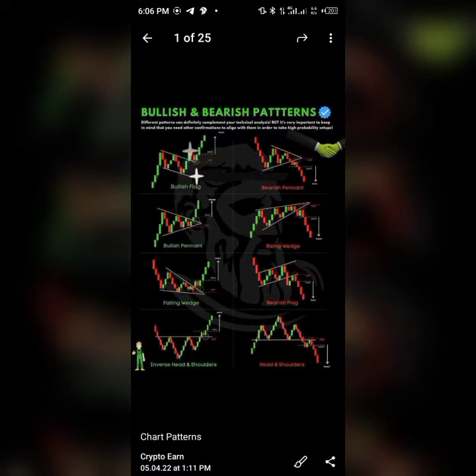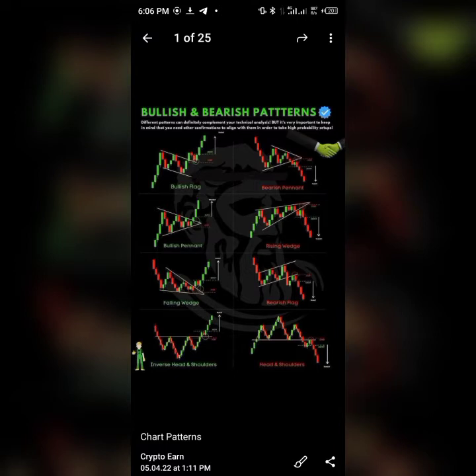On that, you see that the bullish flag was actually moving within a trend line. Within the trend line, there was a time it broke out and it retested. When it retested the top trend line, it went up again. That is a sign that after the retest, it's a good time to buy. Why?